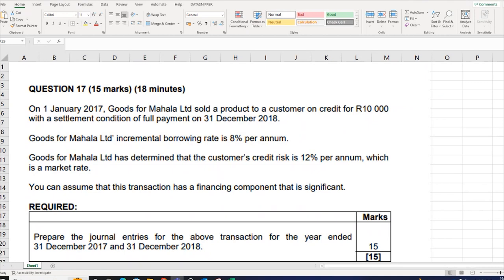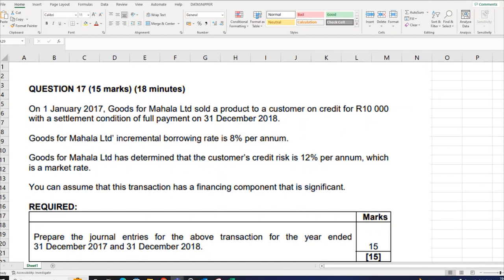The good thing about these revenue questions is that from practicing questions you can see what it is that they're trying to test, be it step 1, 2, 3, 4 or 5. When they start talking about transaction price and significant financing components, you know that you're dealing with step 3.